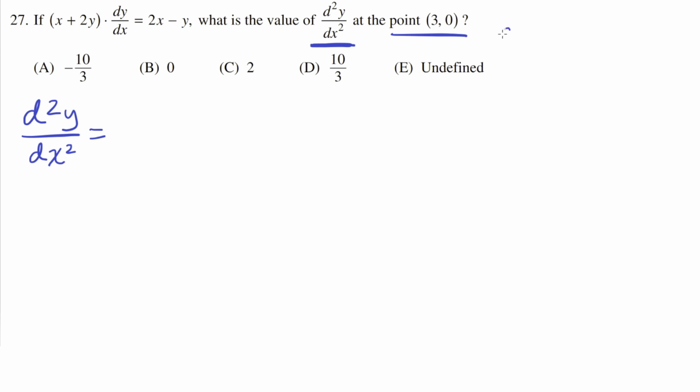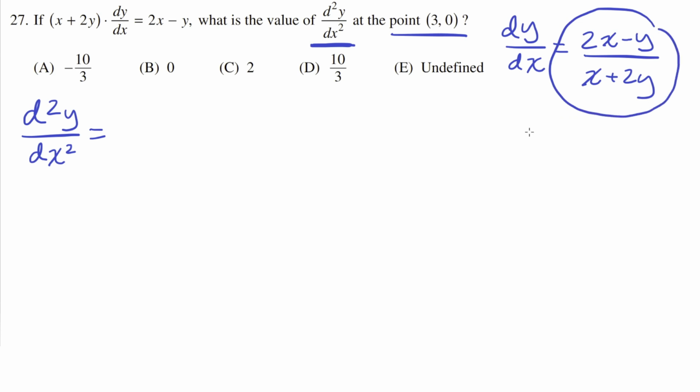If we do that, we'll have dy/dx = (2x - y)/(x + 2y). So now that we have dy/dx, we can just take the derivative of this with respect to x, and that will give us the second derivative of y with respect to x.